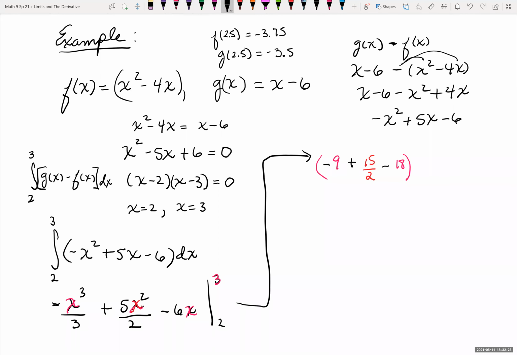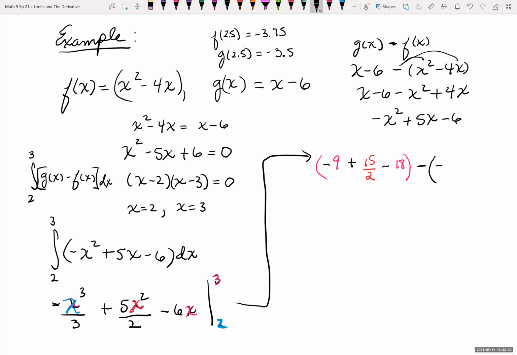Now we have to subtract off. Now let's plug in 2 wherever we see an x. So 2 cubed, that's 8, and we're over 3, so that's 8/3 with a minus in front.